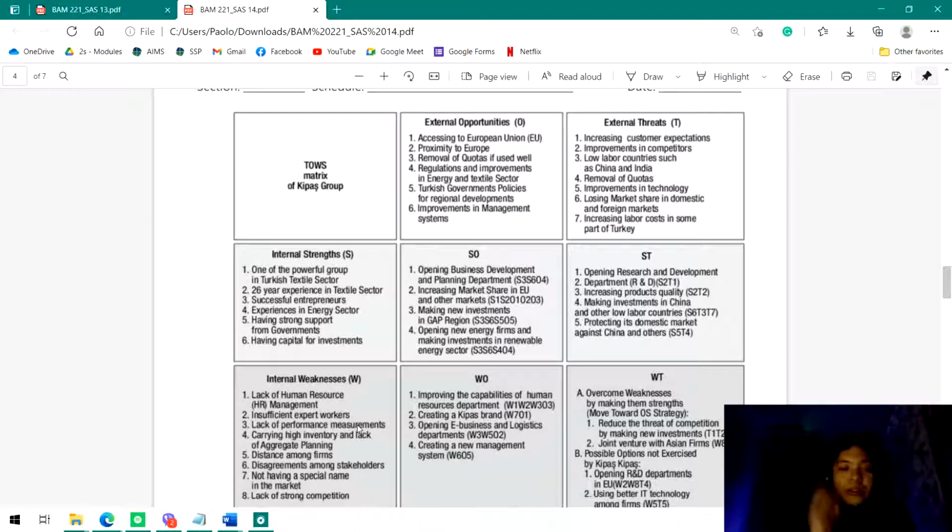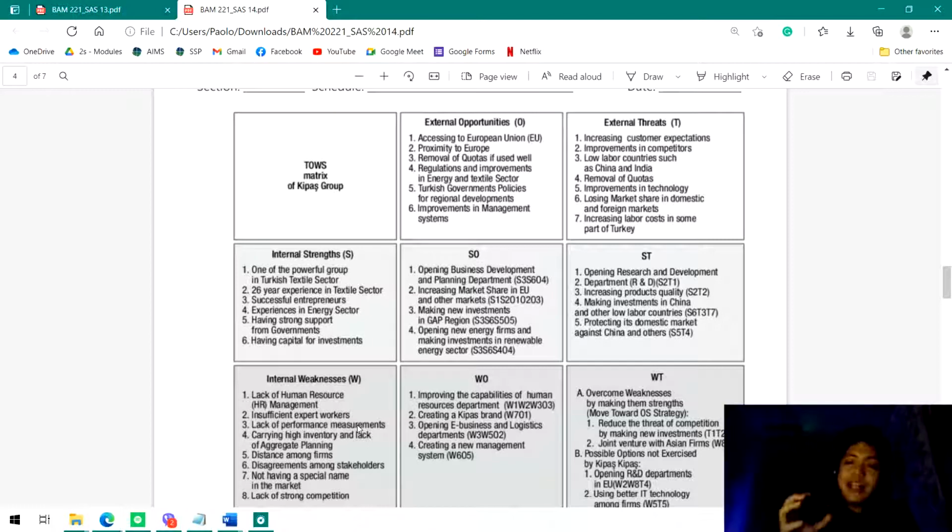So W1, 2, and 3 is all focused doon sa human labor natin. It's all focused doon sa kakayahan ng ating human resource. So sabi dito, our company, the KIPAS Group, lack human resource management. We also lack expert workers, and we lack performance measurements.